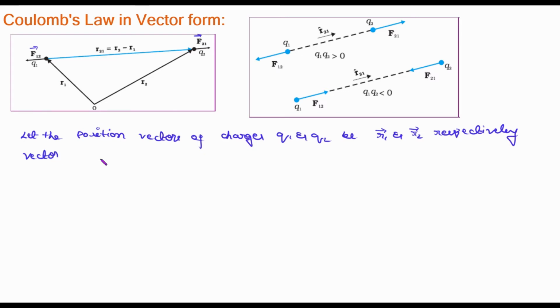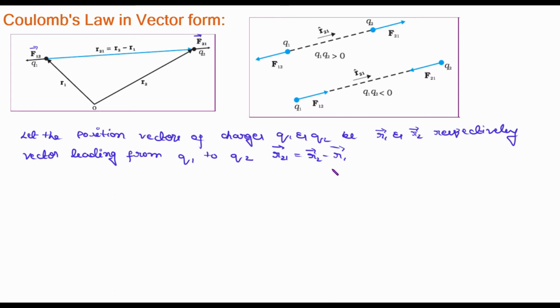You have to write all this. The vector leading from q1 to q2 has the position vector r21 equal to r2 minus r1.